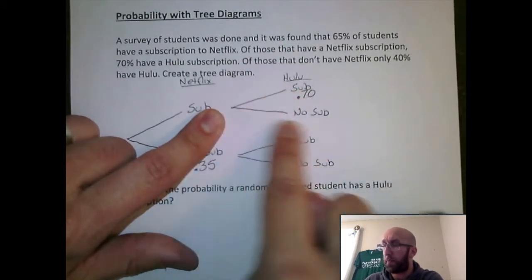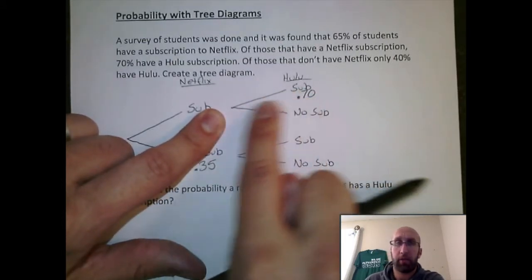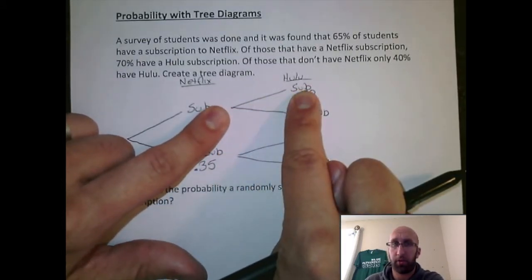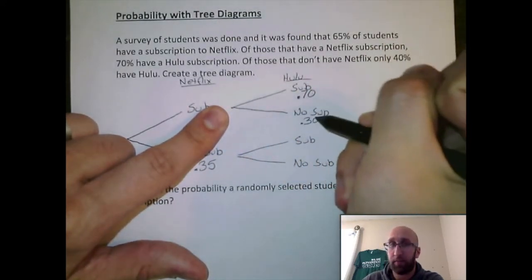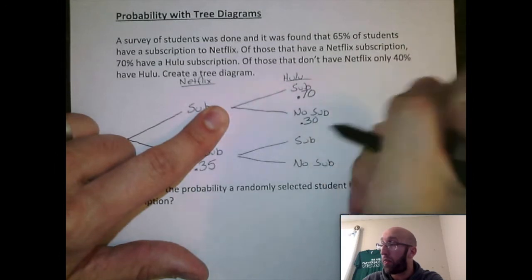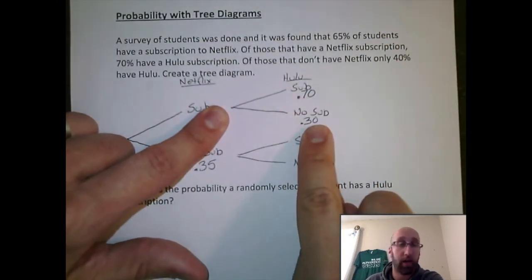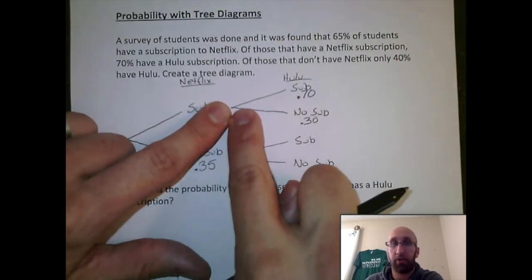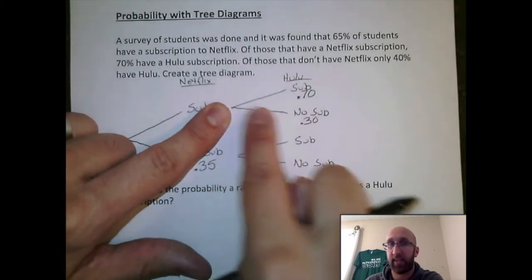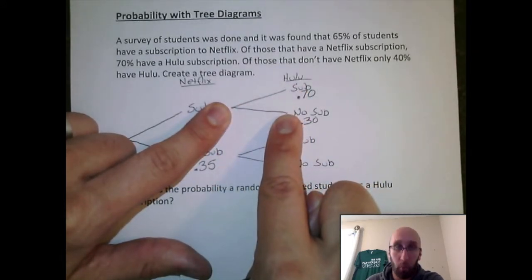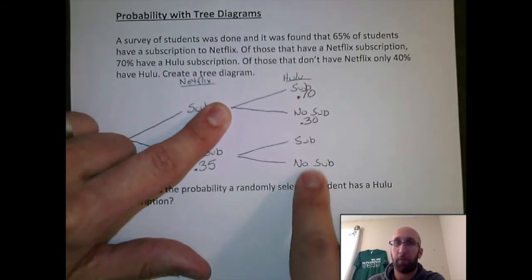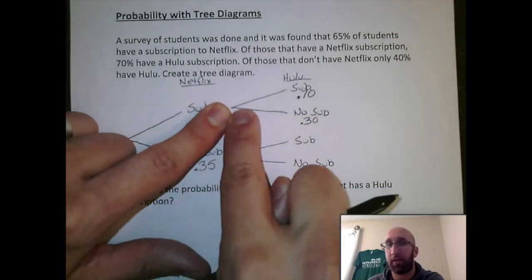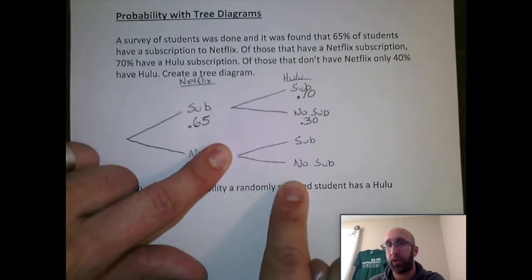These two branches are connected, and we know 70% have a subscription to Hulu, therefore it should be 30%, or 0.3. 0.7 plus 0.3 adds up to 1. 30% do not have a subscription to Hulu. Notice these two branches that are connected add up to 1. They're not connected to the ones down here, so I'm not worried about all four of these adding up to 1, because it's separate branches here.